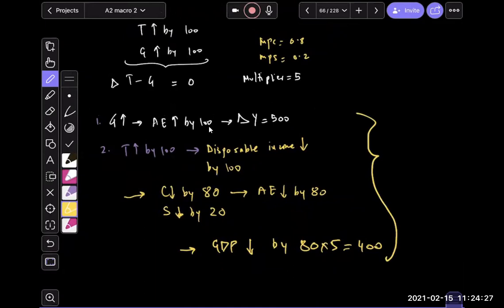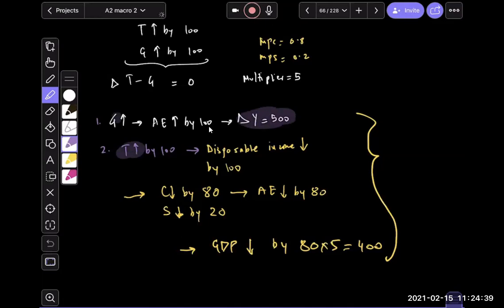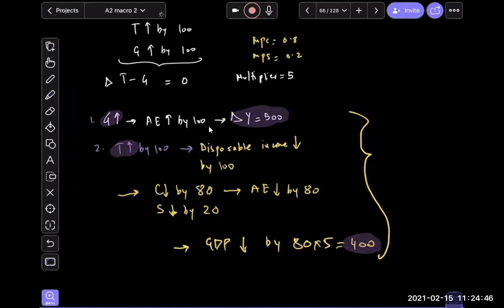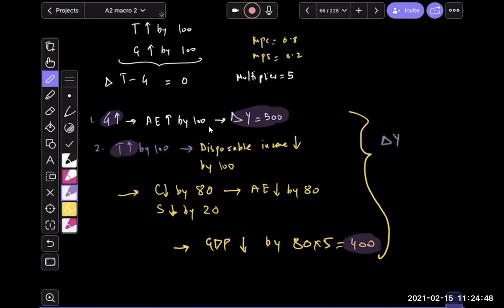So when government expenditure went up, your GDP went up by 500. But when taxes went up, your GDP went down by 400. The net effect, change in Y, will be equal to how much? 500 minus 400, or 100.